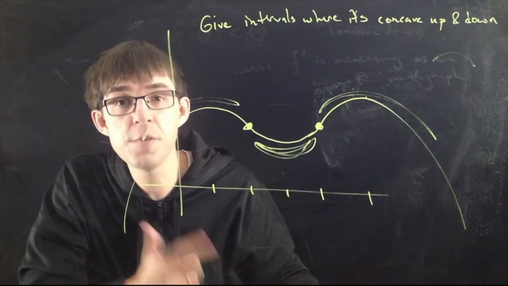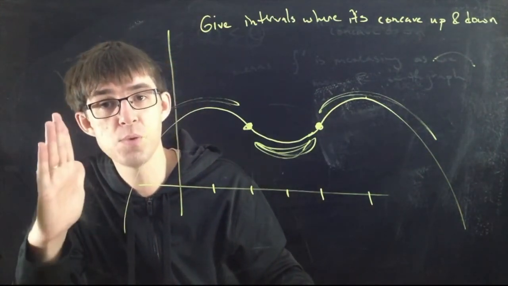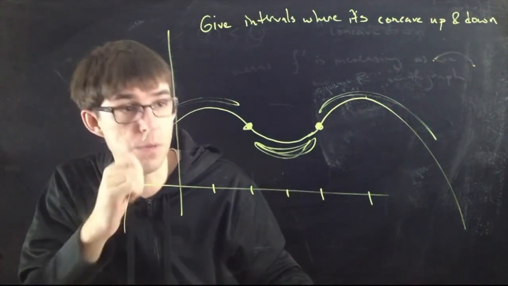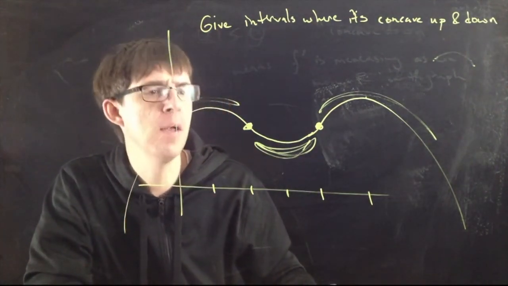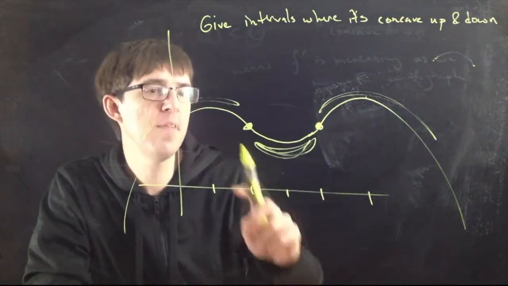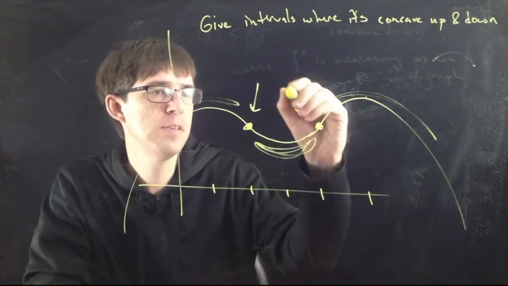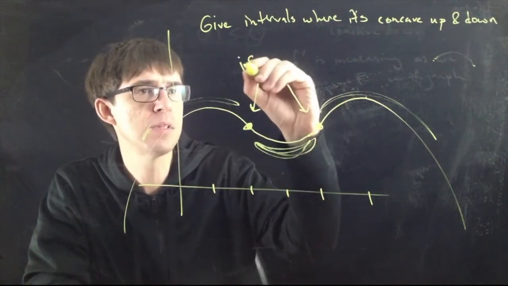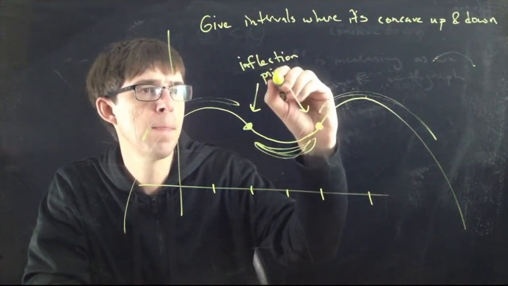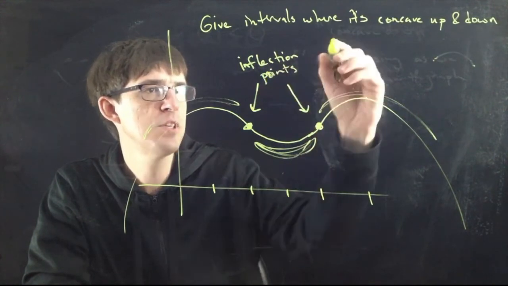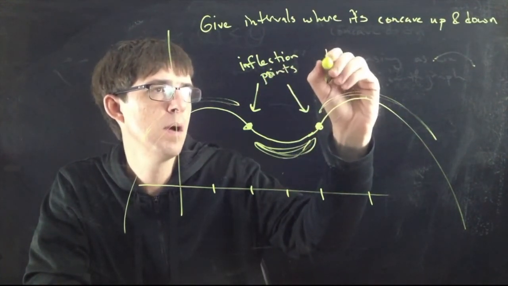In the first derivative, the place where the slope switches from being positive to negative, those are the critical numbers, those are the relative extrema. In the case of the second derivative, there's a name for these points. These are called inflection points.